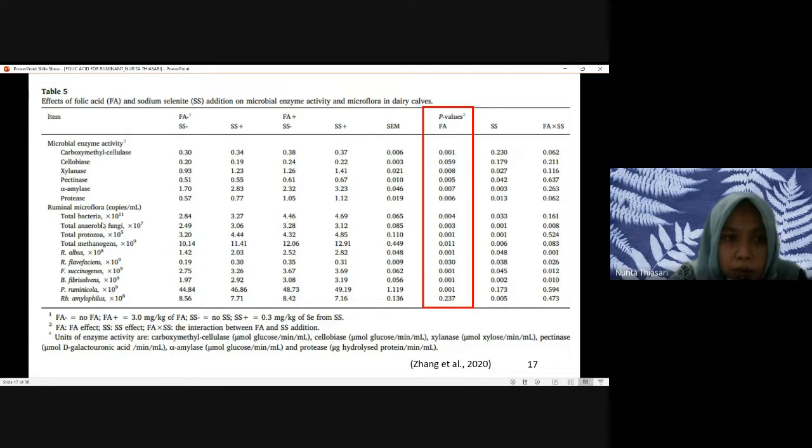Also for the ruminal microflora, if we compare without addition of folic acid and with the addition of folic acid, almost all of the data show that the addition of folic acid increases the ruminal microflora.